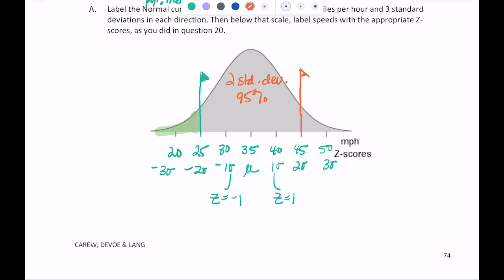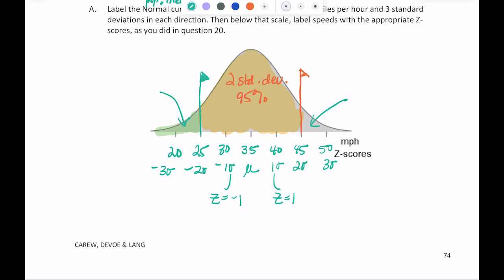So if I take 100% and subtract that 95%, it's going to leave me with this area and this area. So in other words, if I do 100 minus 95, I'm really subtracting away this piece right in here. So it's going to leave me with 5%, right?